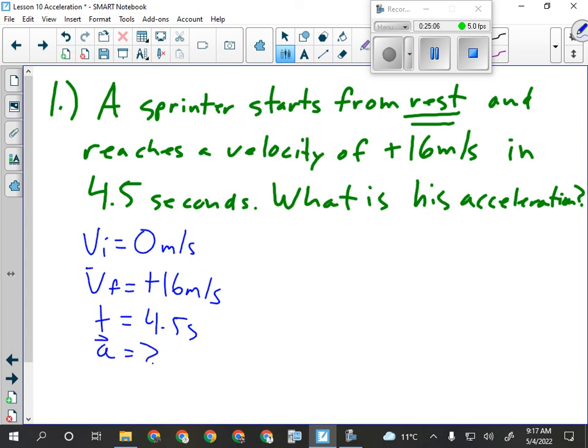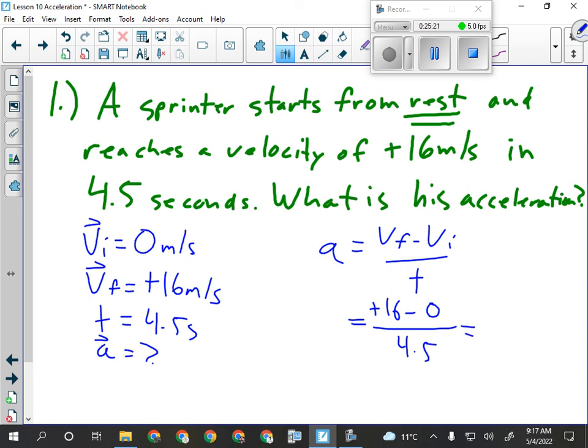This one's pretty straightforward. We don't have to manipulate. So A equals VF minus VI over T, and we just plug in our numbers. Positive 16 minus 0 divided by 4.5 seconds.